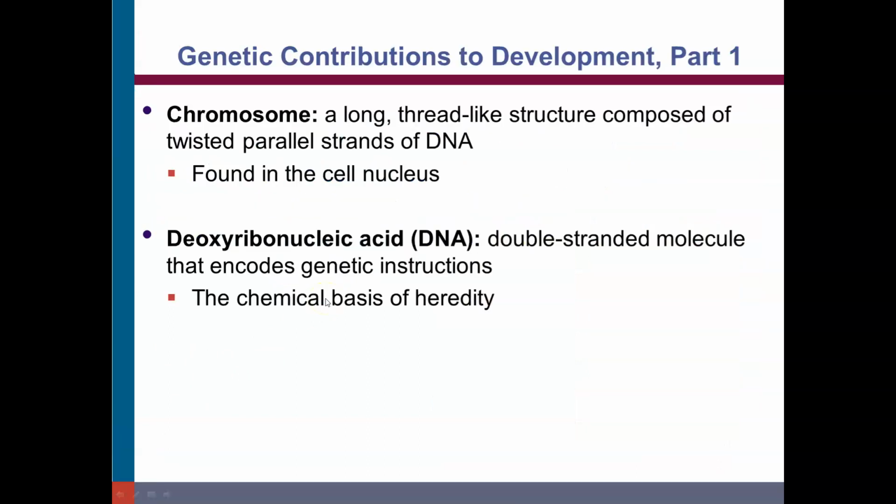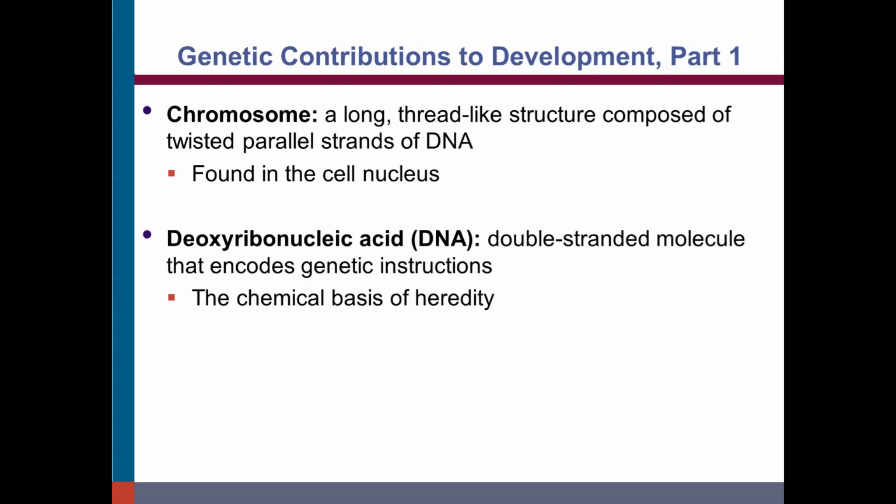Let's answer these questions. First of all, here are some terms that I want to make you aware of and would like for you to focus on. Things like chromosome. Those are basically long thread-like structures composed of strands of DNA, and those are found in the nucleus of our cells. Okay, and then we mentioned DNA, but what is DNA?